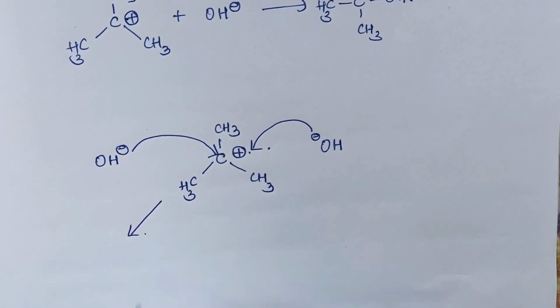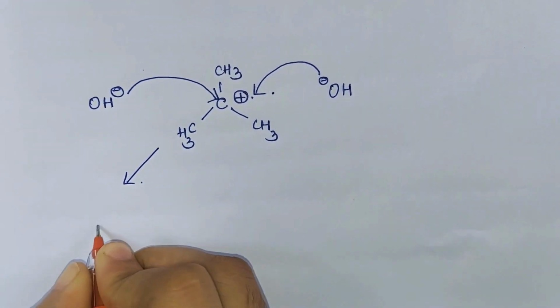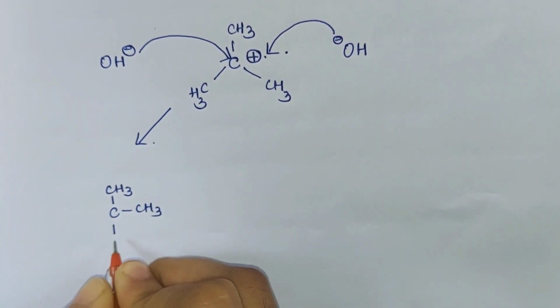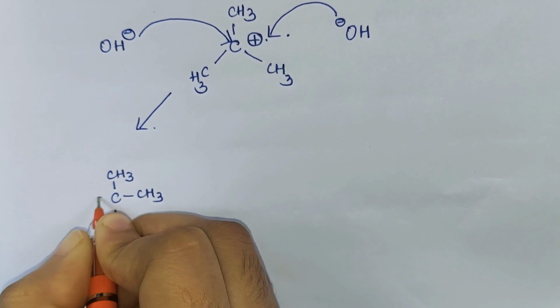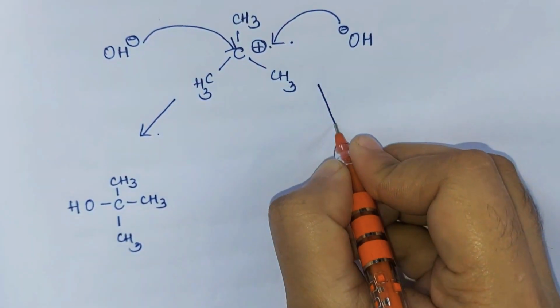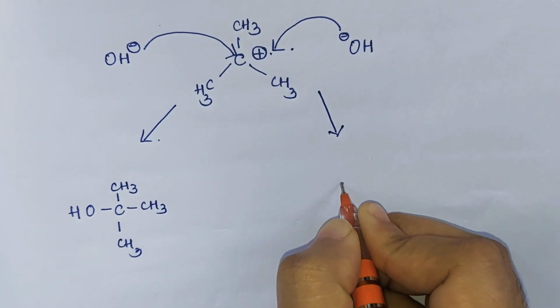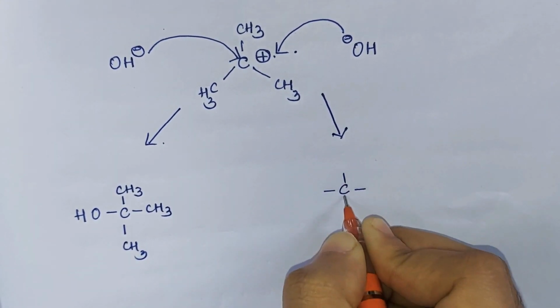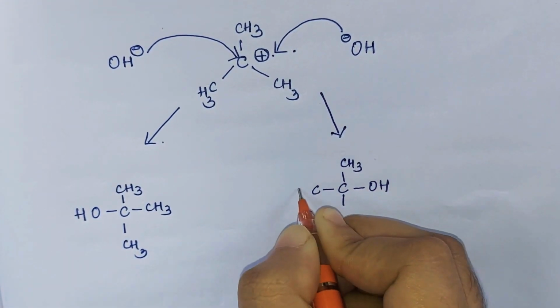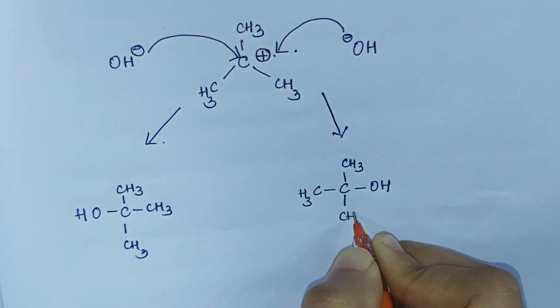The carbon already had three alkyl groups. If OH attacks from the rear side, we observe inversion of configuration. Whereas when OH minus attacks from the front side, we observe retention of configuration, and when retention takes place, the optical activity remains the same.